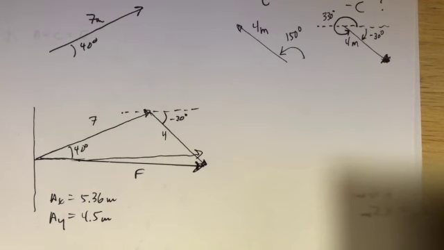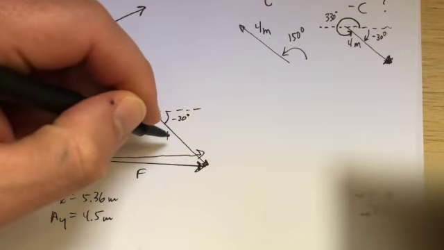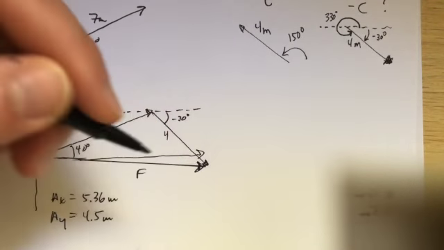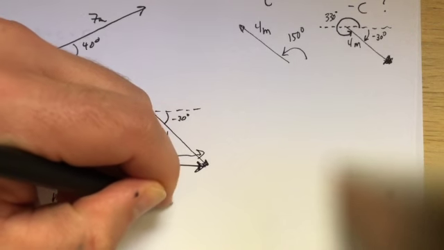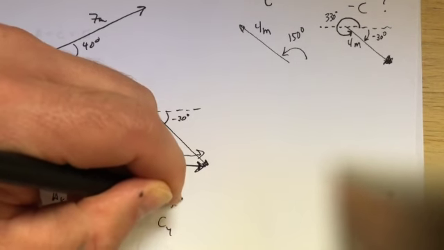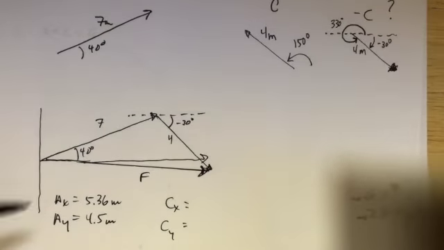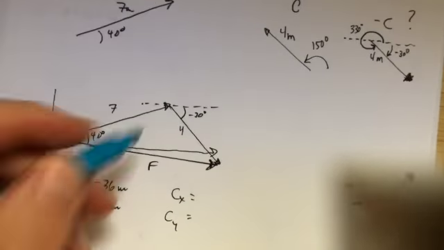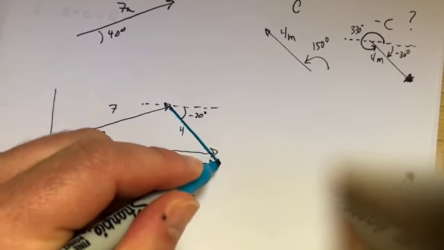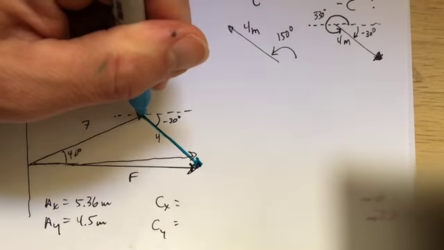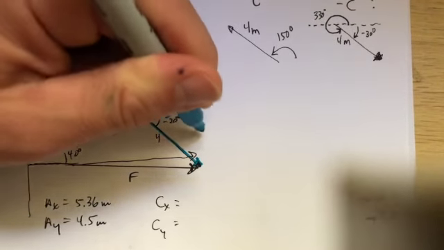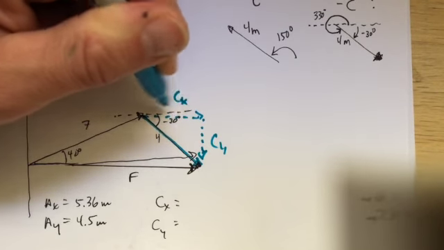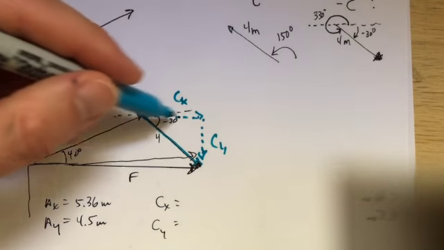What do I know about C? Because we used C in the last one, we didn't use negative C, but there are a couple things we can know. The lengths of the components will not change. CX, CY, okay? The difference is now, and here's my C triangle. CX is going to be the same length, but look which way it's going now.